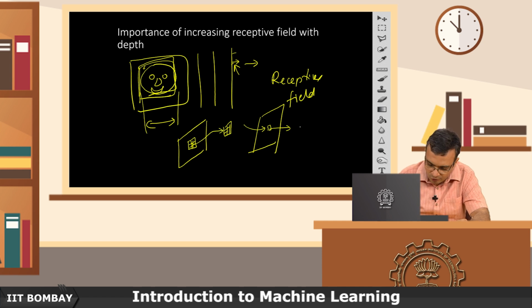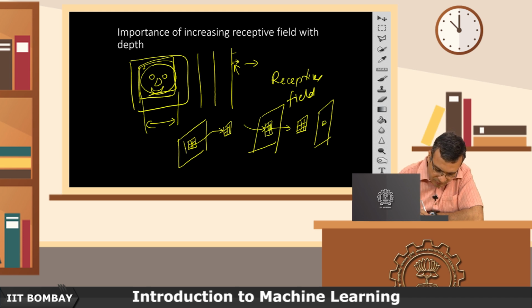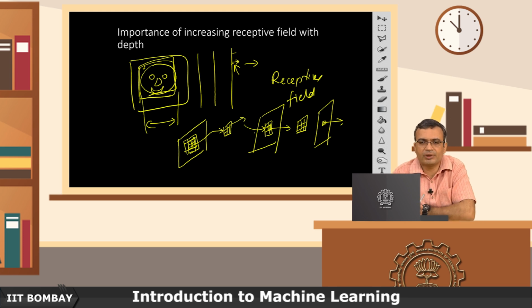Now on top of that, if I have another 3 by 3 kernel and I get another output feature map, and I look at one particular output, its footprint here is a 3 by 3, but its footprint here is going to be a 5 by 5. So the receptive field of this neuron is 5 by 5, whereas the receptive field of this neuron is going to be a 3 by 3.